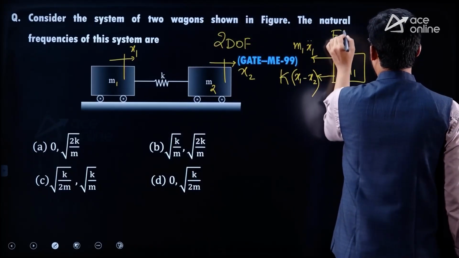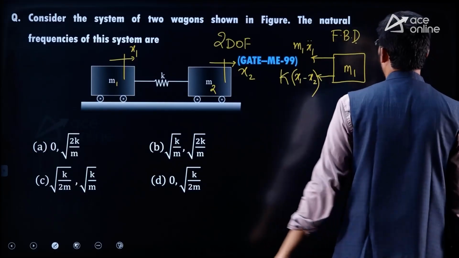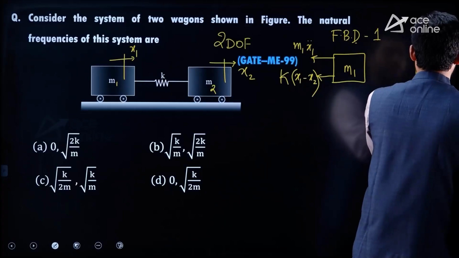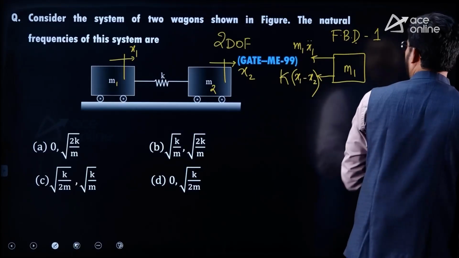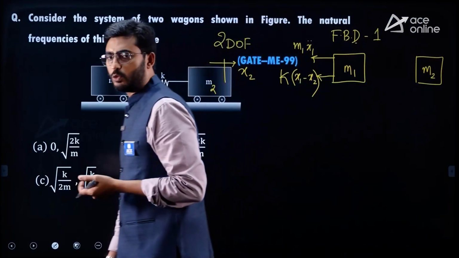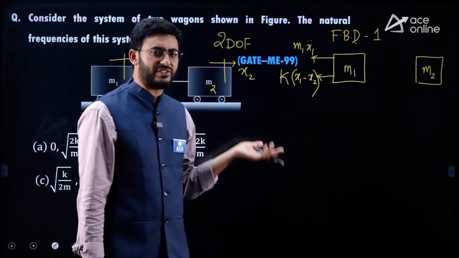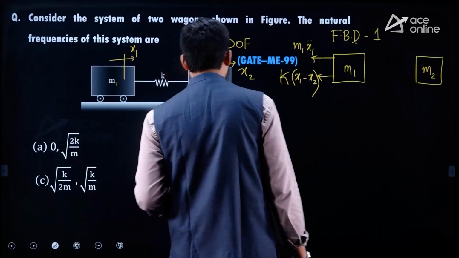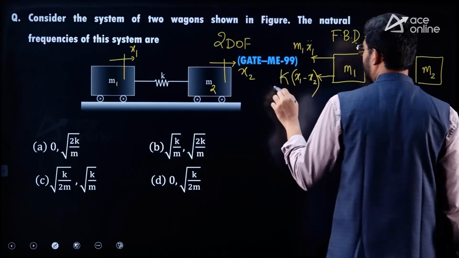In the same way, let me draw it for mass 2. This is m2 and x2 is being taken towards the right side. Even if you take it towards the left side, nothing is wrong, because the answer won't be affected.